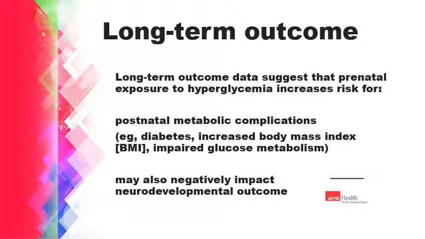So, the long-term outcomes. Data suggest that prenatal exposure to hyperglycemia increases the risk for postnatal metabolic complications like diabetes or increased body mass index and impaired glucose metabolism. It may also negatively impact neurodevelopmental outcome.